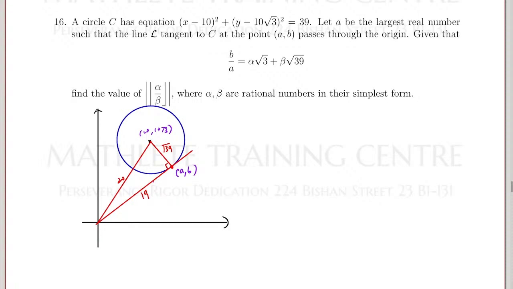So you can set up an equation. In fact, you can use the fact that they are perpendicular, and you know the fact that, for example, this is 19. So one thing is that a squared plus b squared is 19 squared. You also know that this is perpendicular, so the radius here and the radius here, sorry, radius, the gradient product is -1.